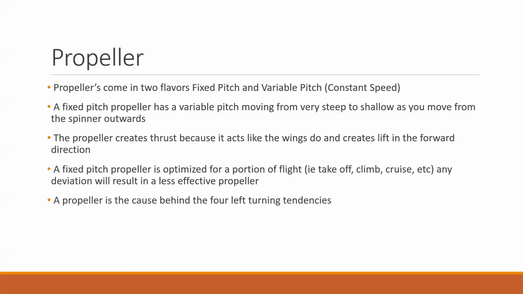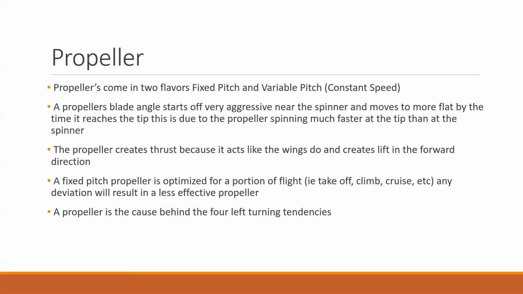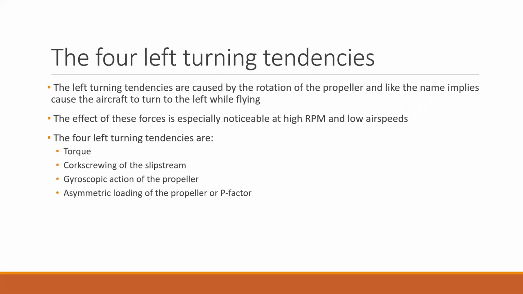The propeller is out front, and it's big, and it's metal, and it's spinning, so it has a lot of forces that it can cause. These forces will give us what we call the four left turning tendencies. They are something that will come up again and again, so these are good things to know.